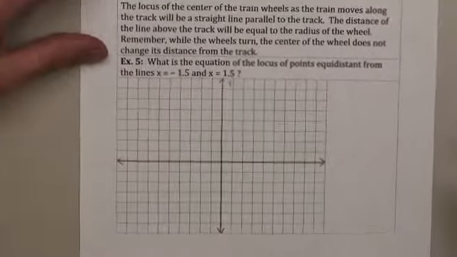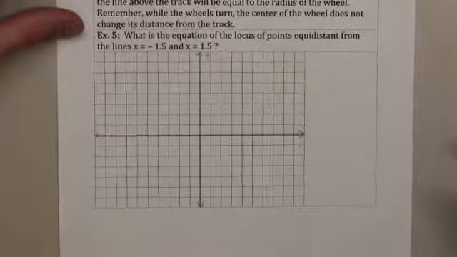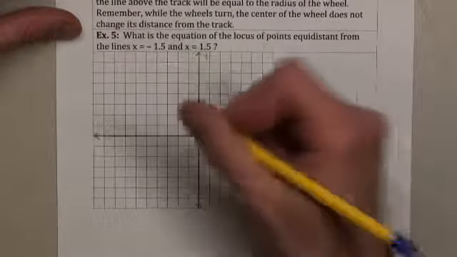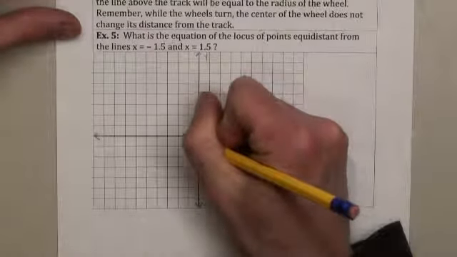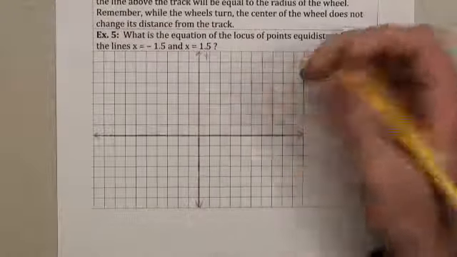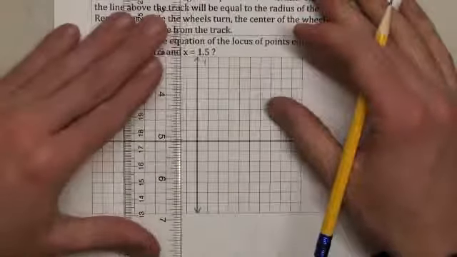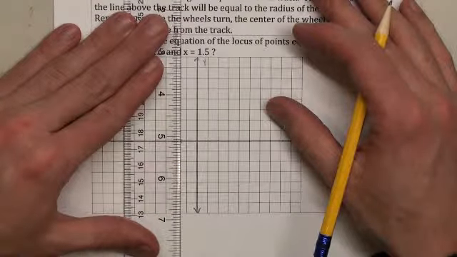Now, the locus of points equidistant from the lines x equals -1.5, so that goes through -1.5 on the x-axis, and this time it's a vertical line because it's an x equals.